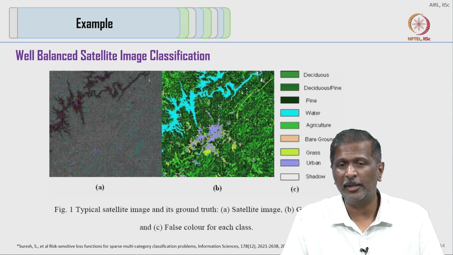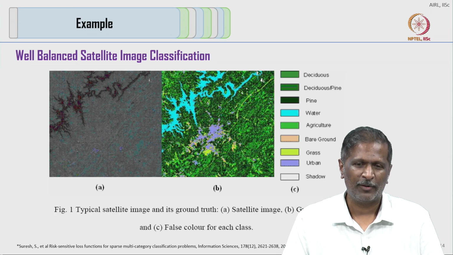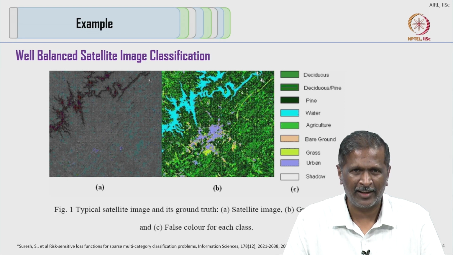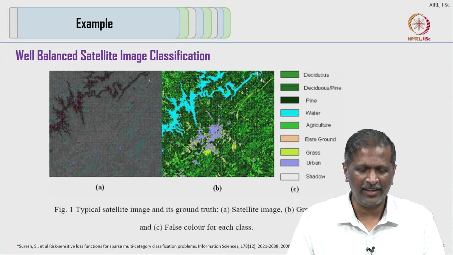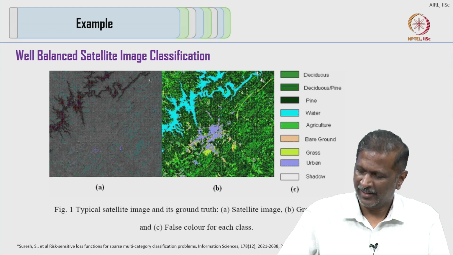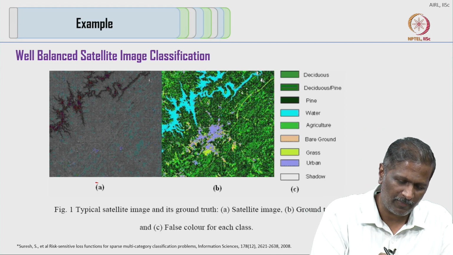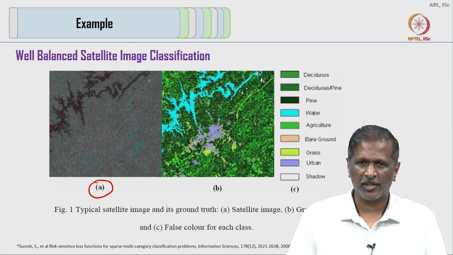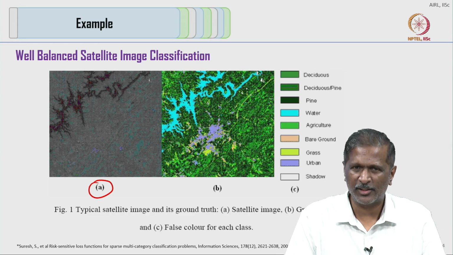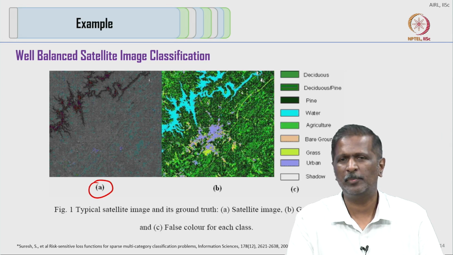There may be similarity between classes. For example, in satellite image classification, I took this example to explain better. What you see, A, is the spectral image, a hyperspectral image. Every pixel has not just RGB, it also has spectral data.